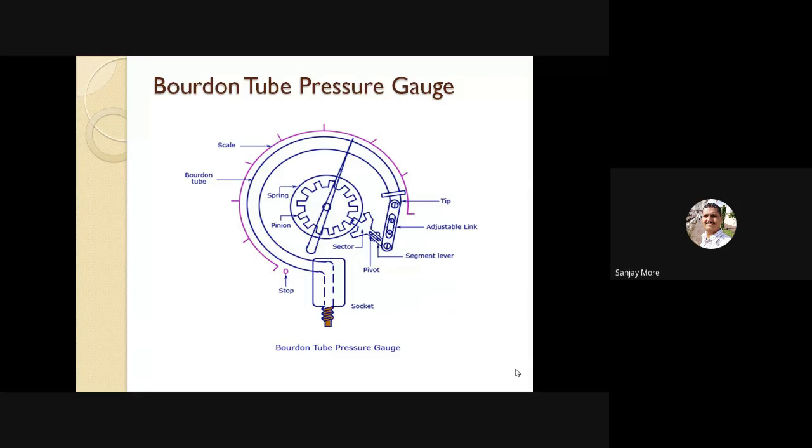Those who are remaining, try to complete the diagram fast.